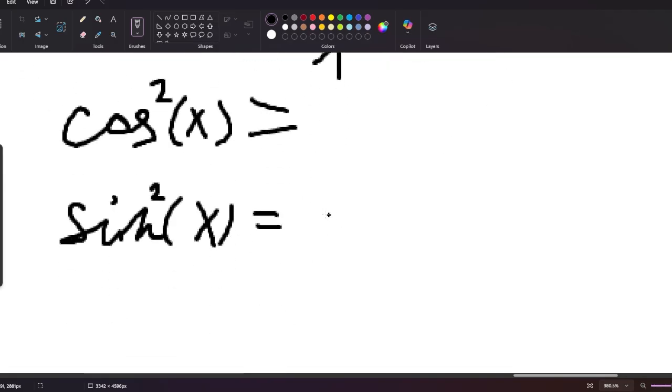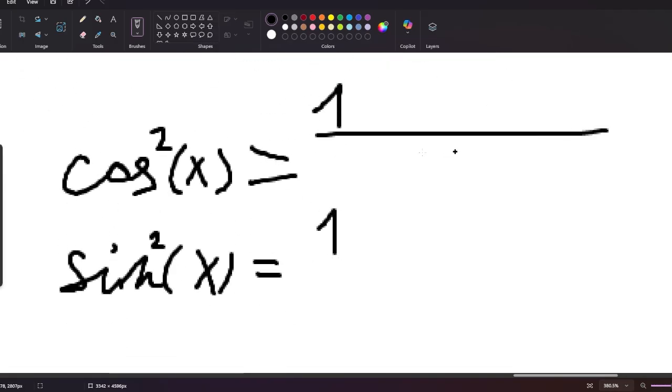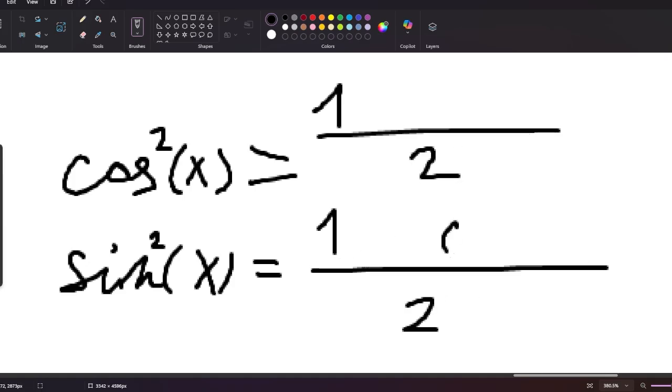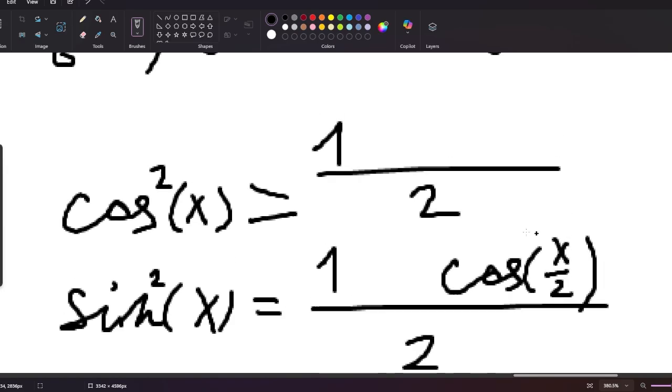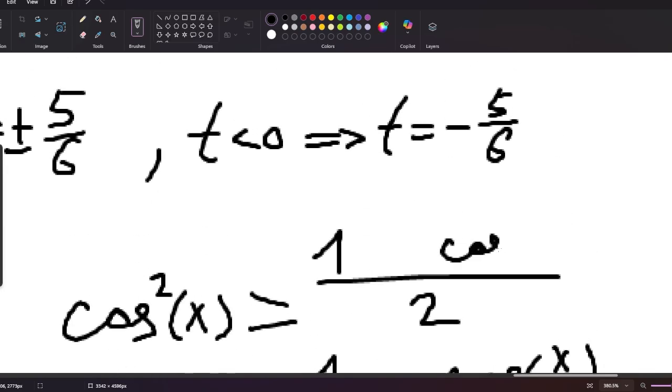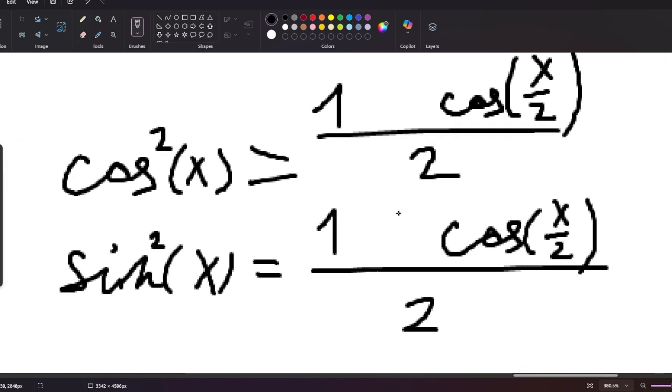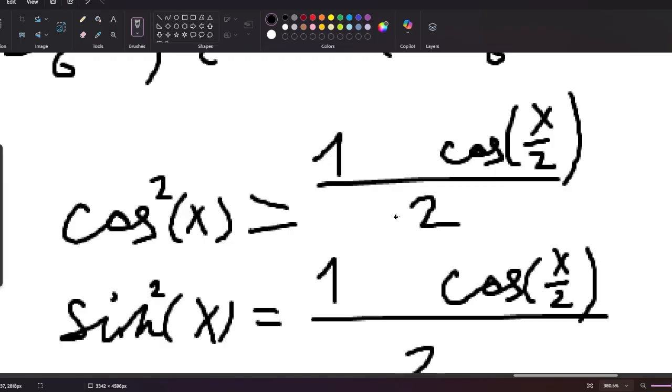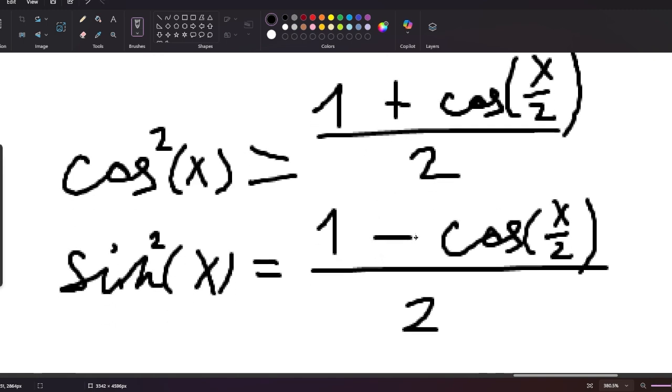We have this part over here, cosine of x over 2. Now, here we have, wait. Okay, no, I have plus here, and here it's gonna be minus.